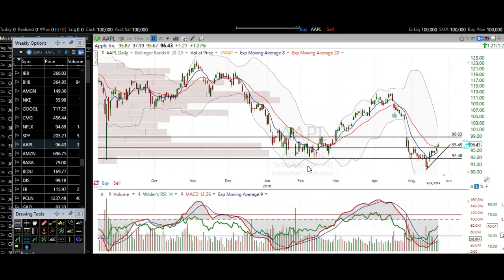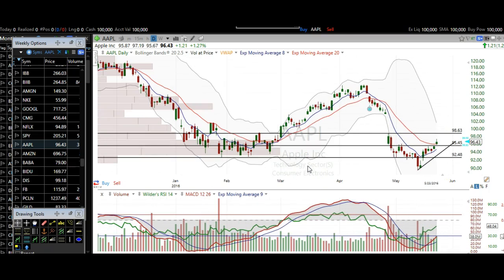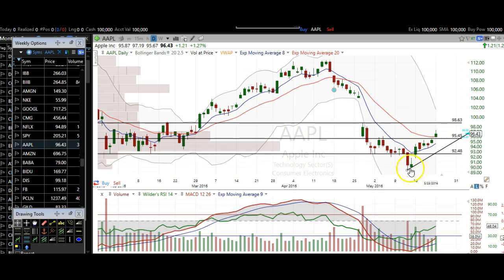If you want to see some more detail on that level of support, you can watch the previous videos I've done on Apple. But anyway, that's a very key level. And we broke below it. We closed below it last Thursday right here in convincing fashion. Big red bearish candle with big volume. That was a big break.